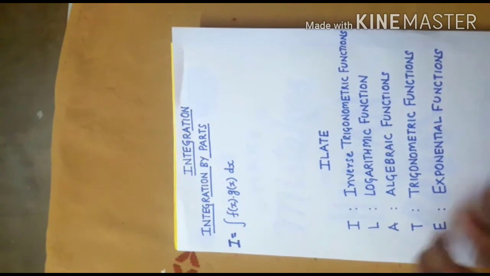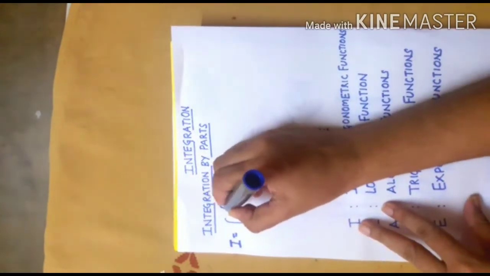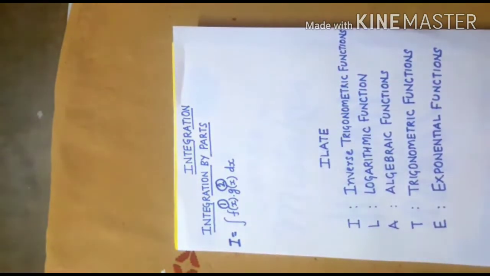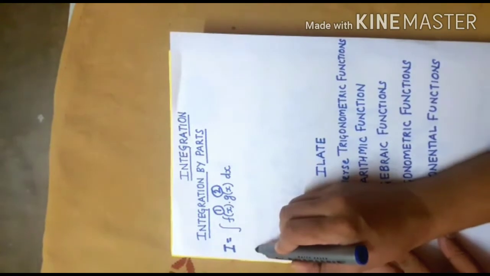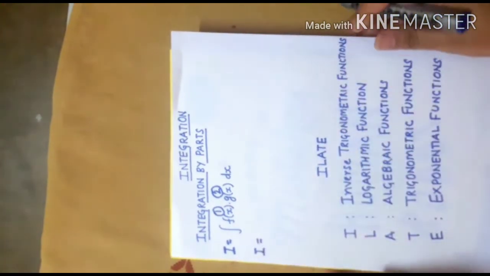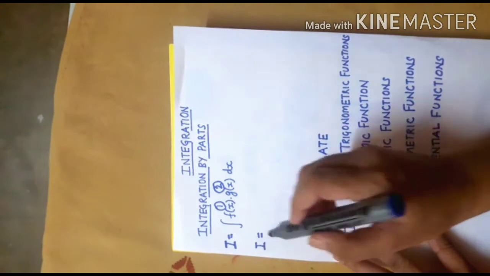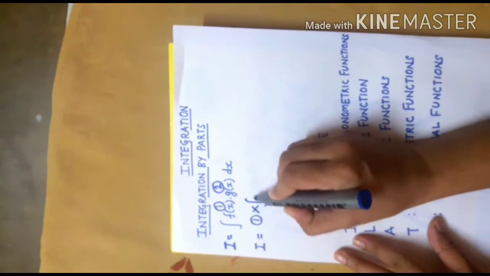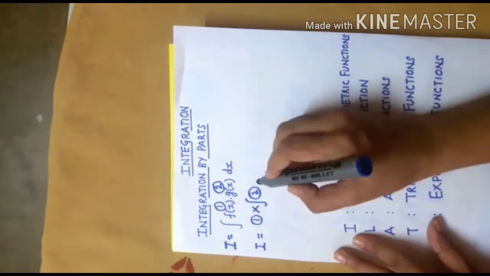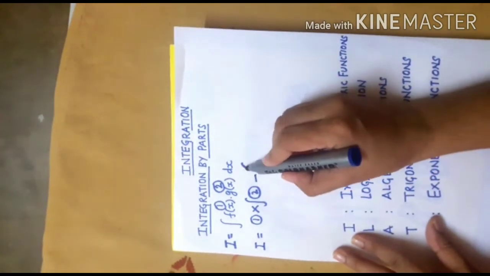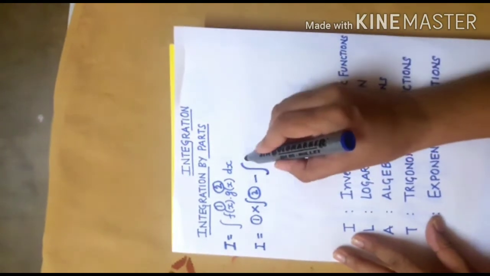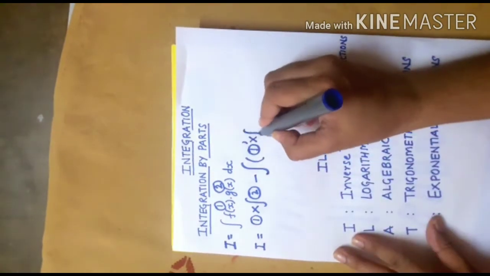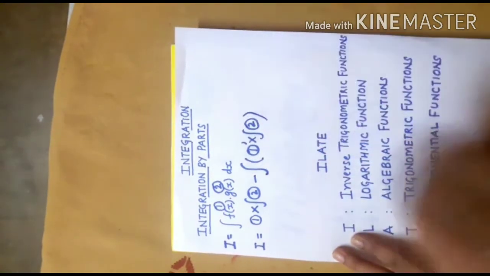Now as there are two functions, let f(x) be the first function and g(x) be the second function. So integration by parts says I will be equal to first function into integral of second, minus integral of derivative of first into integral of second.